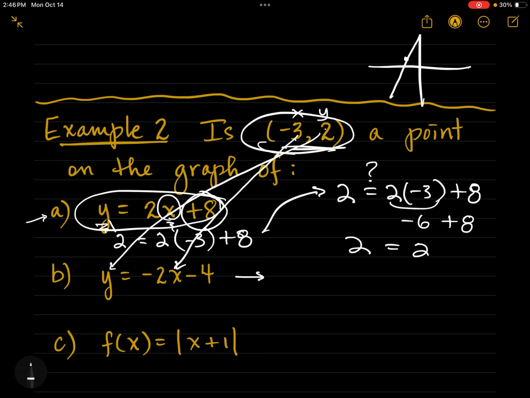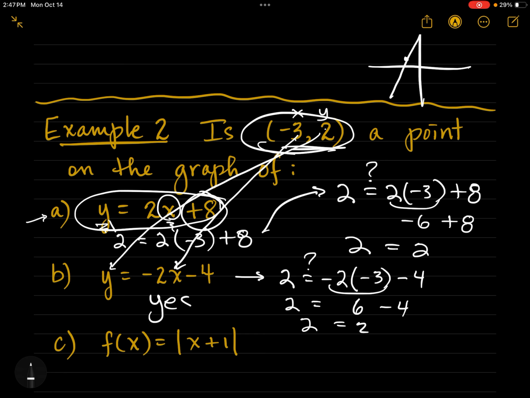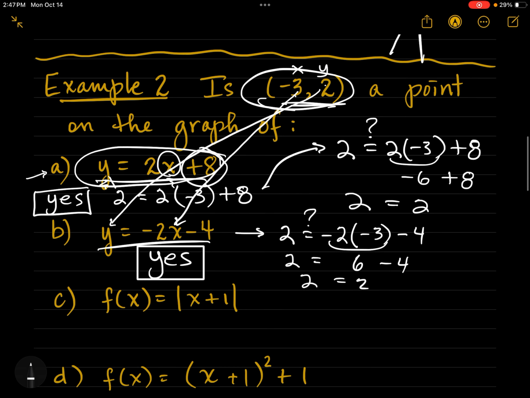So if I plug in y as 2, and negative 3 for my x, I'm asking, is this true? It's kind of how we used to do a double check. So that's 6 minus 4 is 2. And to answer the question, yes, that's a point on the line. For part A, yes, negative 3, 2 is on this line, as well as this one.